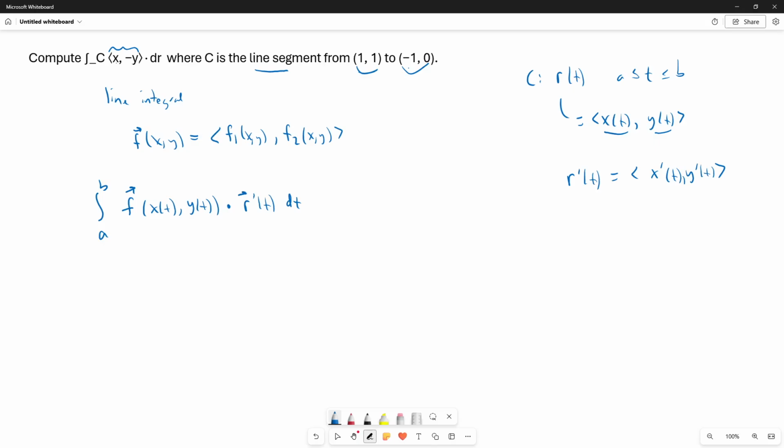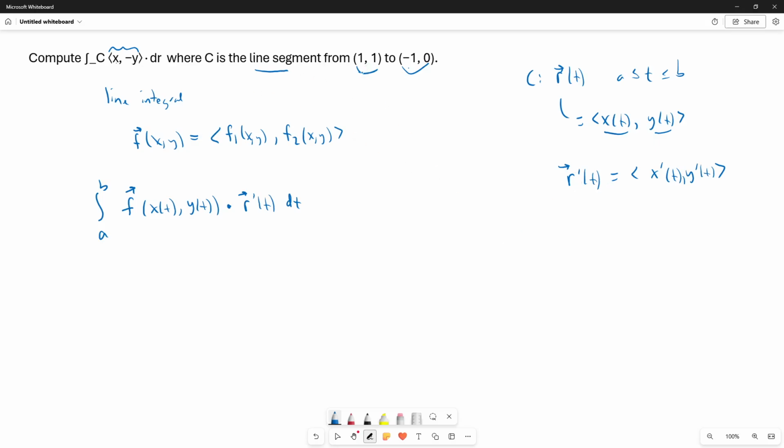So r prime is a vector, just like r was a vector. We have 2 vectors here, and we have a dot product, so this is going to give us an ordinary function of the variable t. Let's see what happens in our particular case. Let's parameterize the line segment so that we can figure out what x of t and y of t are. We need those to plug in here and here, and then we'll calculate r prime of t.